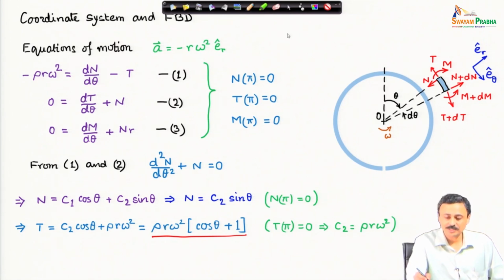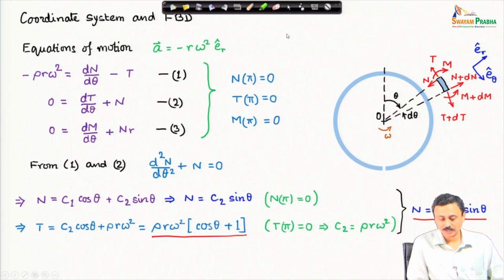Therefore, from this boundary condition on the tension, I now get the unique solution for the shear force, which is rho r omega squared sin theta. And since C2 is now known, I already have the variation of the ring tension.